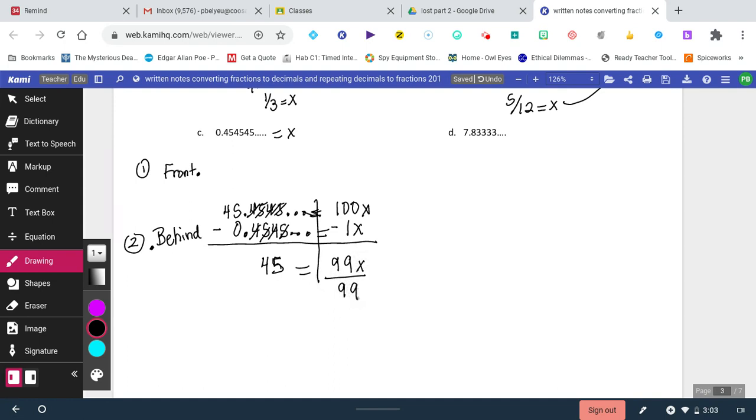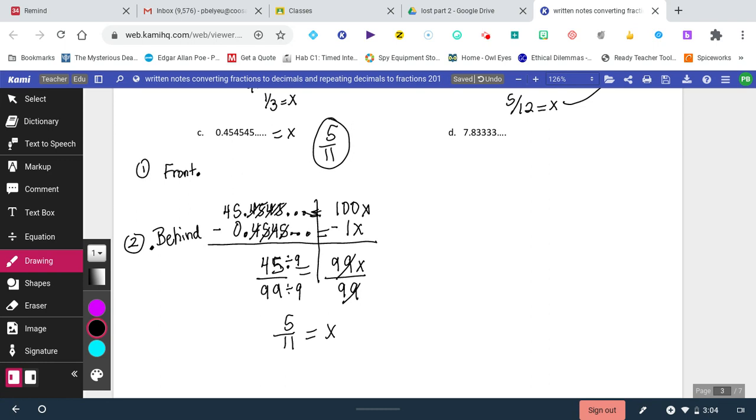Divide both sides by 99. These will cancel, and I can divide both of them by 9 to simplify. That's 5/11. So this is simply 5/11 as a fraction.